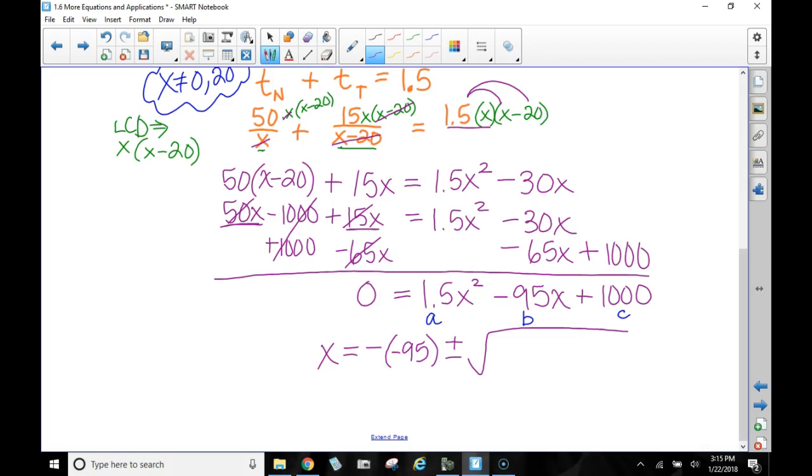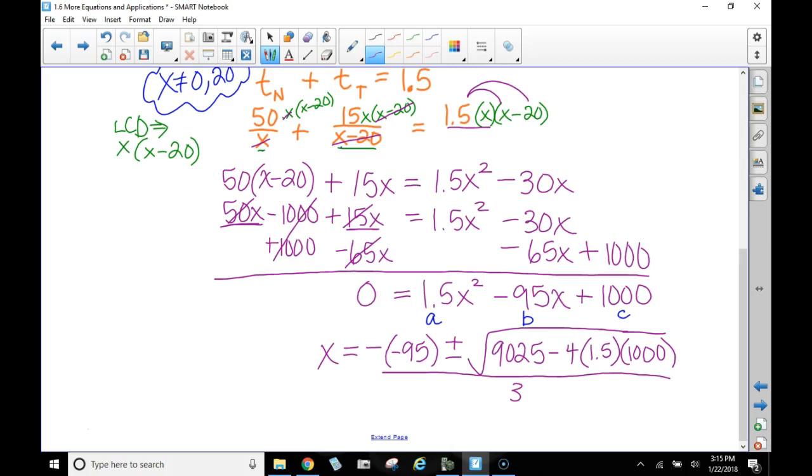Negative 95 squared is 9,025, minus 4 times the A value of 1.5 times the C value of 1,000, all over 2 times the A value. 2 times 1.5 is actually 3. And you can write 2 times 1.5, and then the next step you can get 3, whatever.